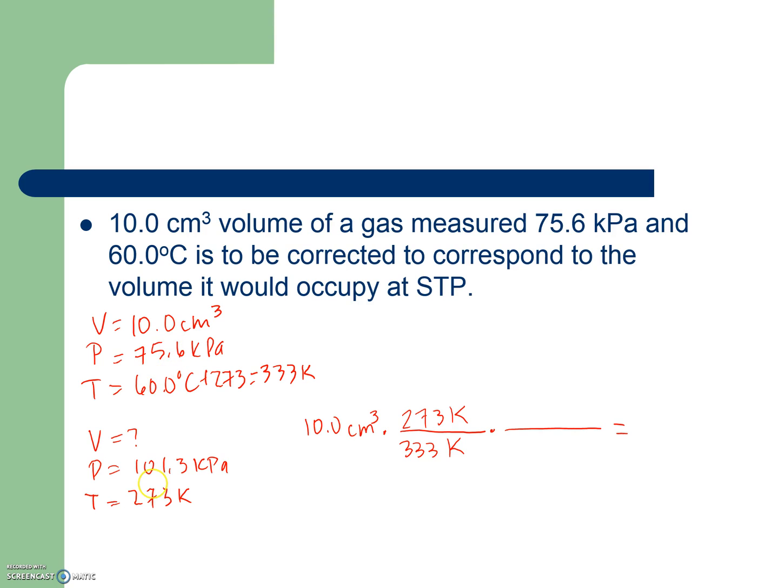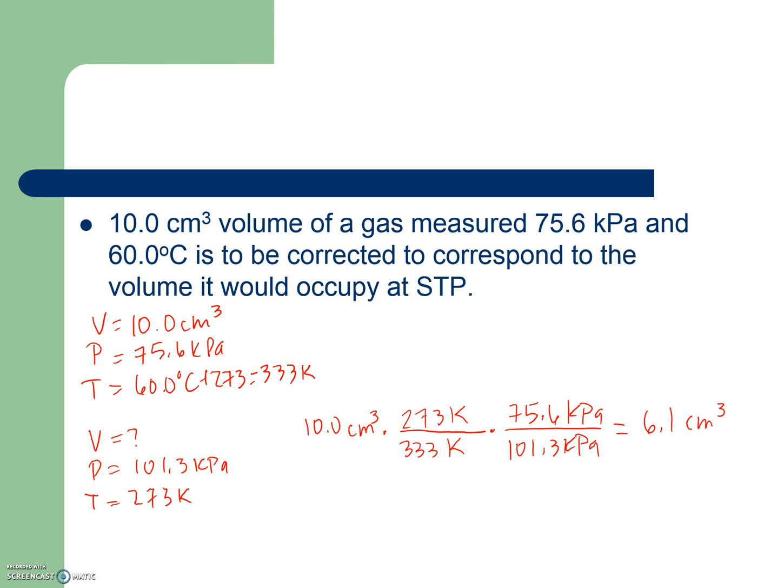My pressure is going up, so my volume must go down. So I get 75.6 kPa on top and 101.3 kPa on the bottom. I multiply across, I divide, and I end up with 6.1 centimeters cubed.